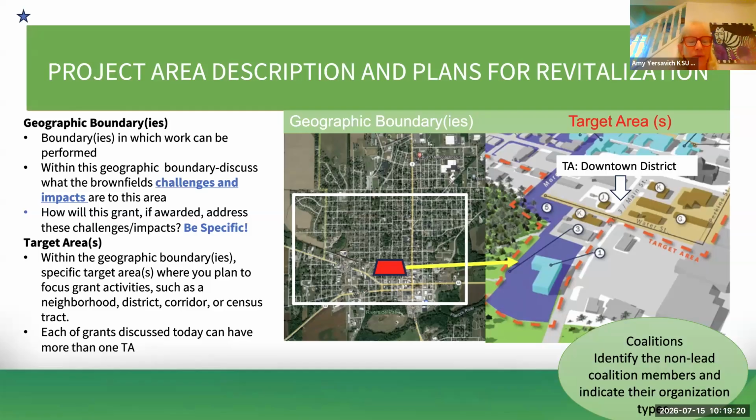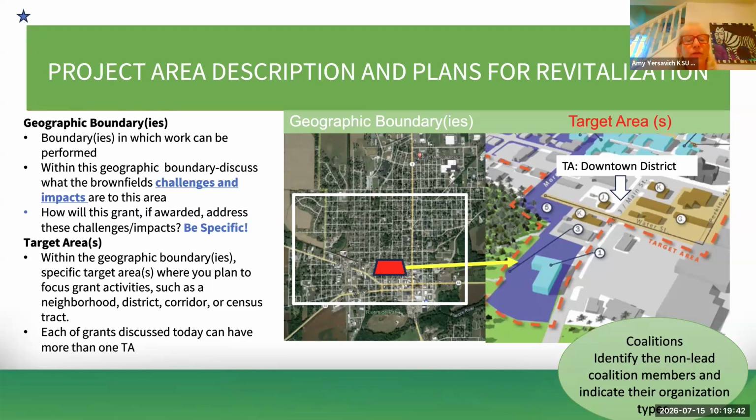You don't necessarily have to describe it in that way, but that's what we would suggest. It's a larger area that you have jurisdiction over, and your target area is going to be within that.